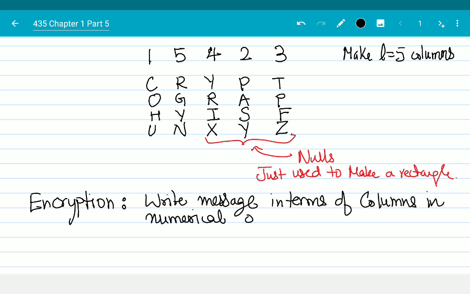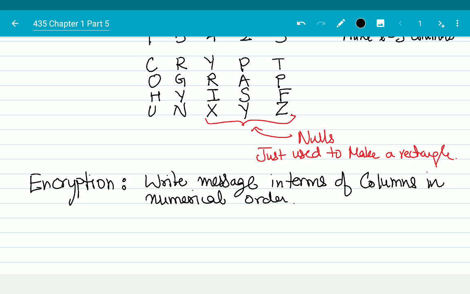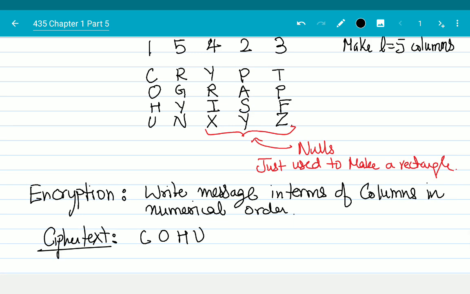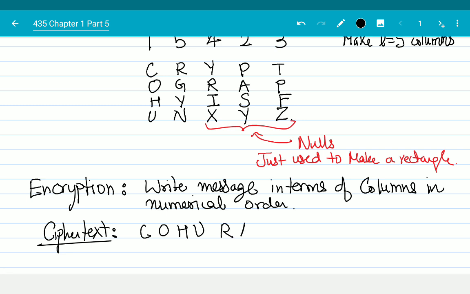The first column is COHU, so my ciphertext is going to be COHU. The second column is the one that is named 2: PASY.